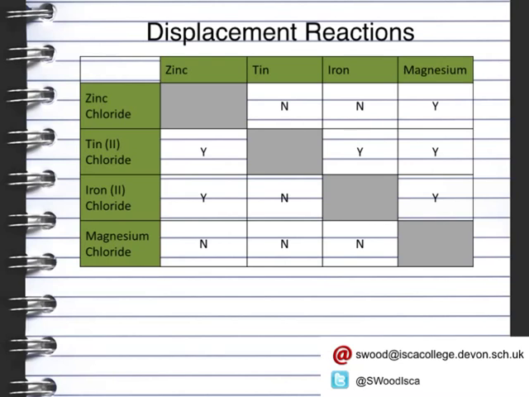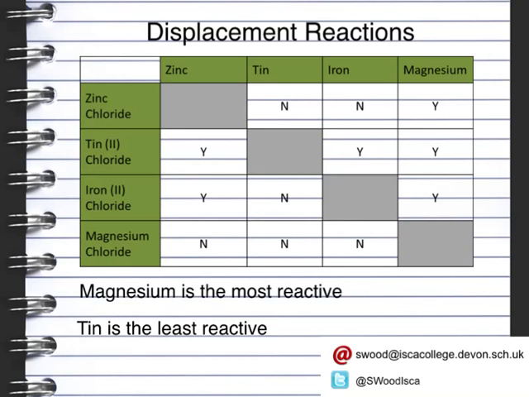Now from these results we can see that when we look at the metals as they go down here, we can see that the magnesium will displace all three of the other metals, whereas tin does not react in any of them, so does not displace, so it is the least reactive.